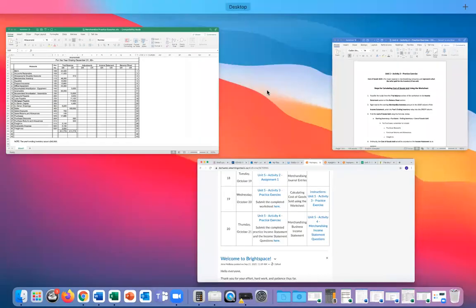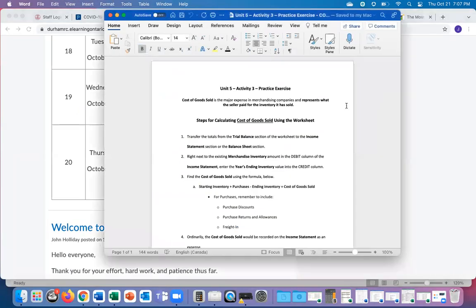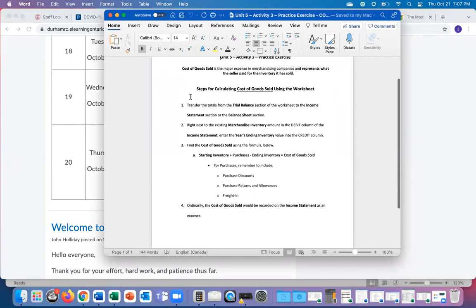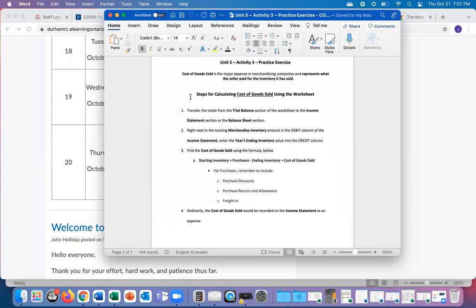If you open that up, it's going to look like this. It tells you what the cost of goods sold is, and then gives you some directions as to how to do it, which is basically what I'm also going to show you here. So you've got both options, and hopefully one or both are helpful to you.